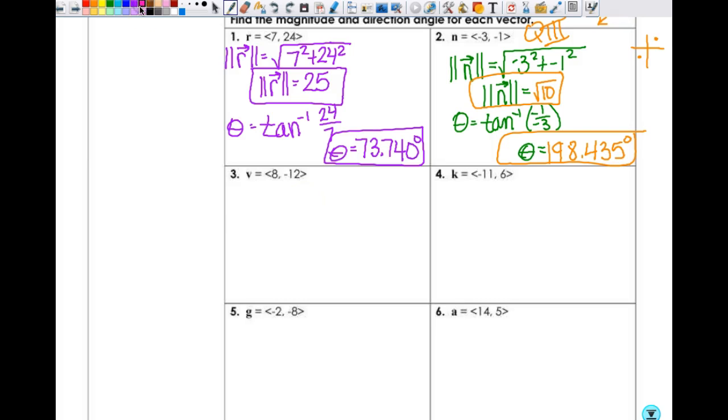All right, let's do number 3. Magnitude of V is equal to the square root of 8 squared plus -12 squared. Magnitude of V, what do I get in the end for that? 4 square root of 13, good.